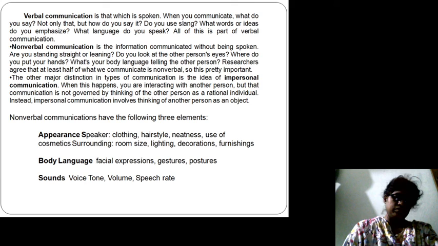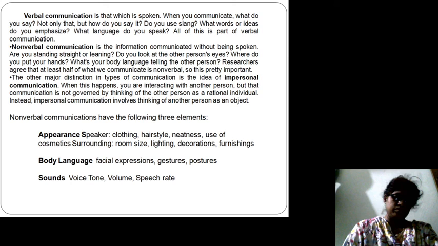If you are appearing for an interview, what is the first impression? Your appearance, your clothing, your hairstyle, your way of living, then the neatness, all these things matter, and all that is covered in appearance.